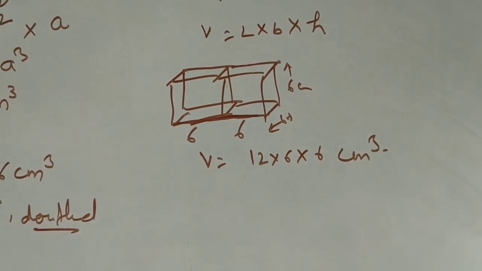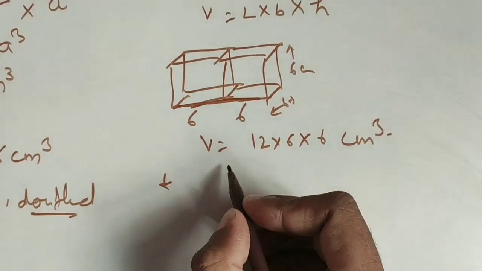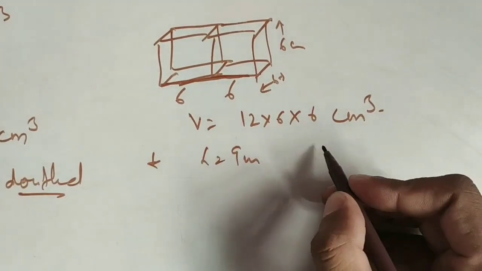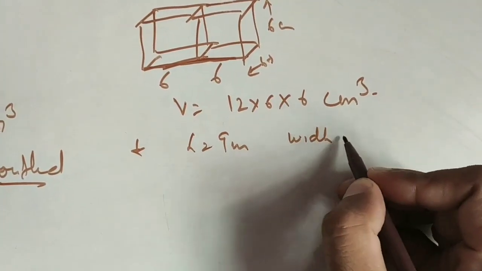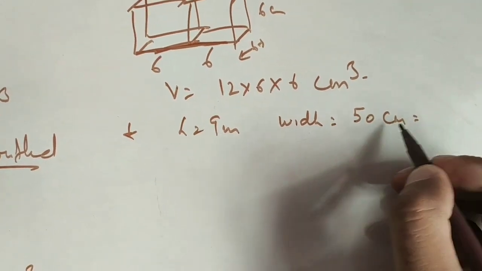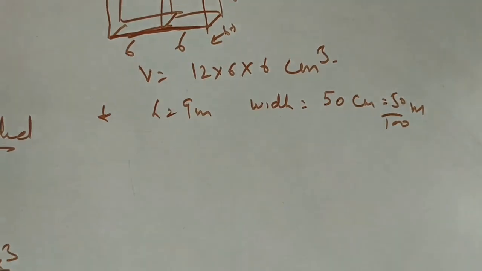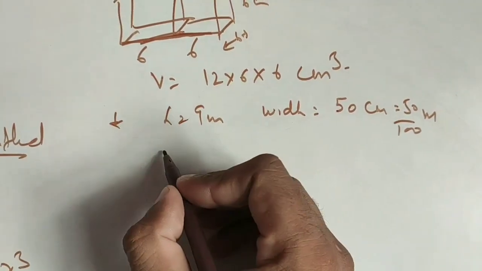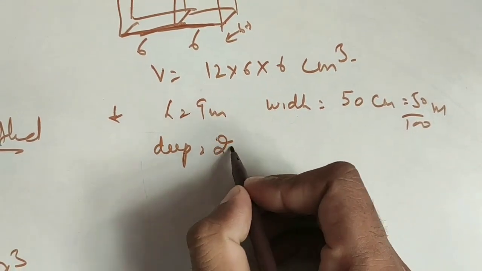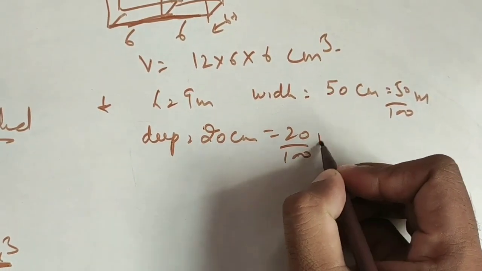Okay. Next we have a beam 9 meter long, length is 9 meter, 50 centimeter wide, width is 50 centimeter. So 50 centimeter means 50 divided by 100 meter. And how deep it is? 20 centimeter deep, which is 20 by 100 meter.